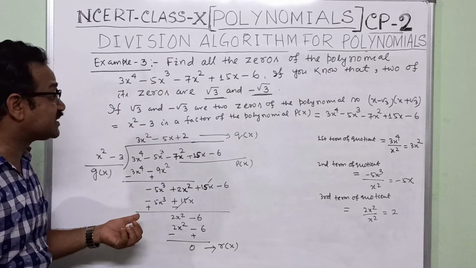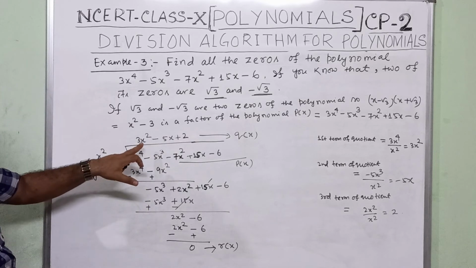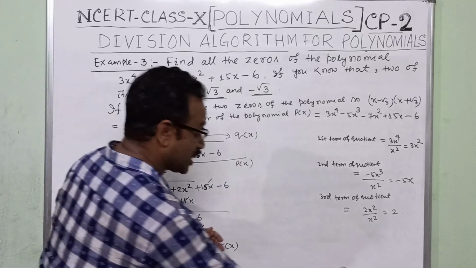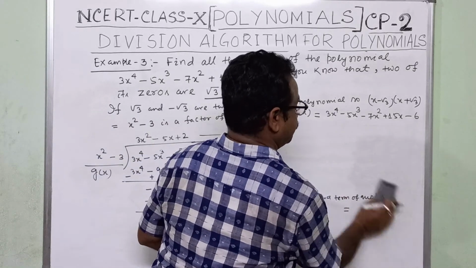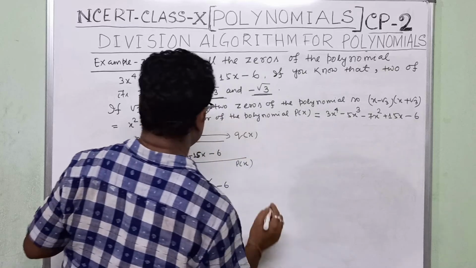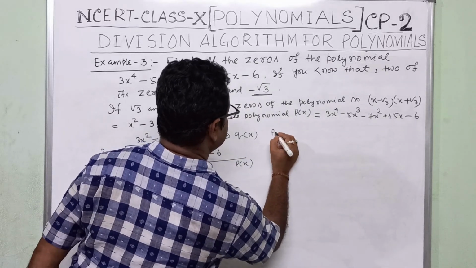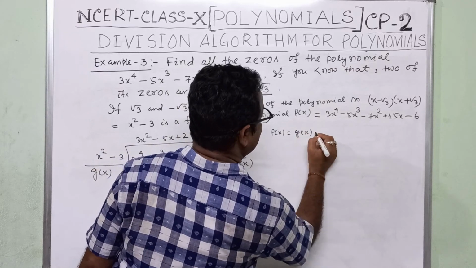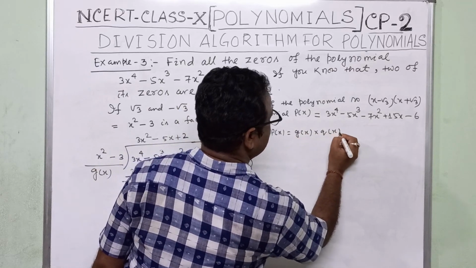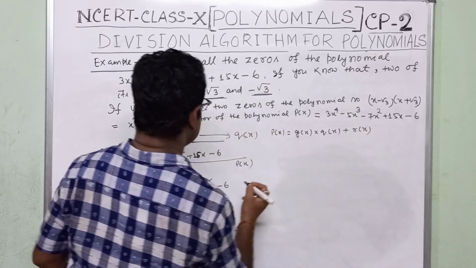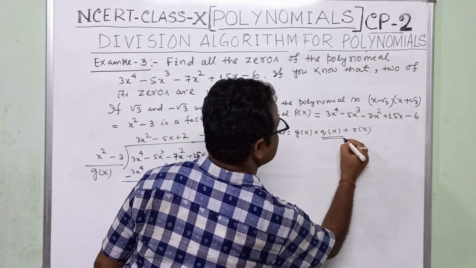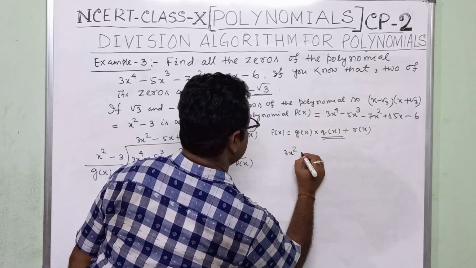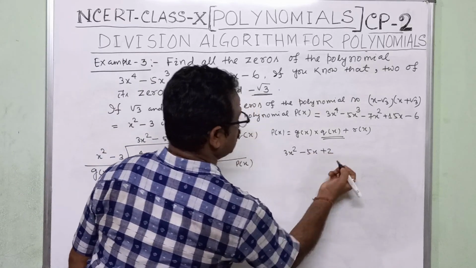Now how will we get the other zeros? So now you have to factorize 3x square minus 5x plus 2. I can write here P(x) is equal to G(x) into Q(x) plus R(x). So further factorizing Q(x), 3x square minus 5x plus 2.